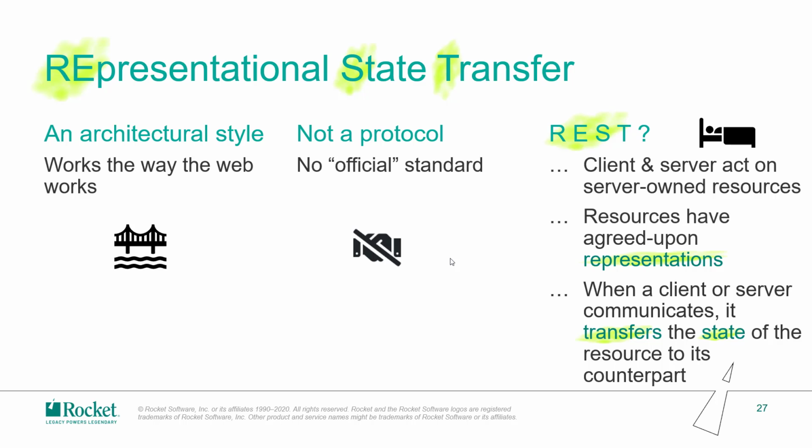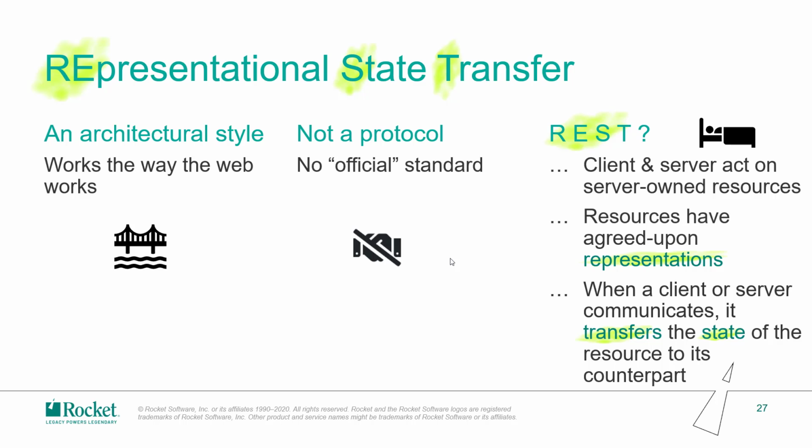When the client and server then begin to communicate, they communicate by transferring the state of the representation to their counterparts. So, for example, to make it a bit more concrete, if a client requests a resource from a server, the server encodes that resource into a representation where it has a certain state and sends that representation down to the client, transfers it down to the client.